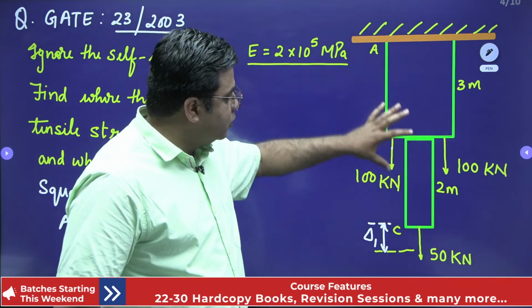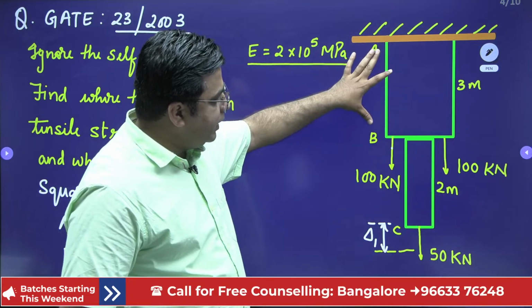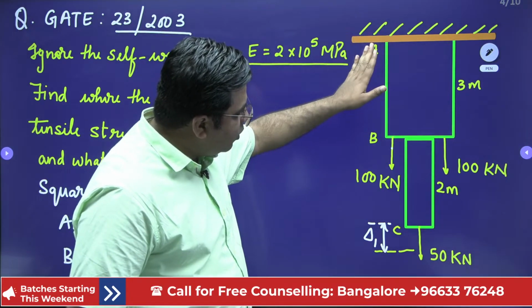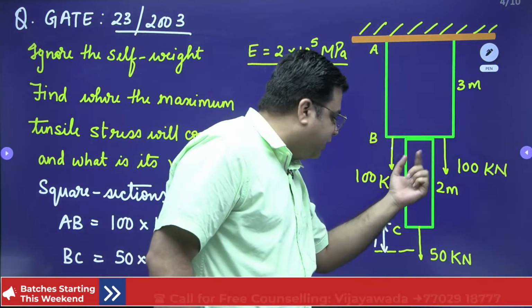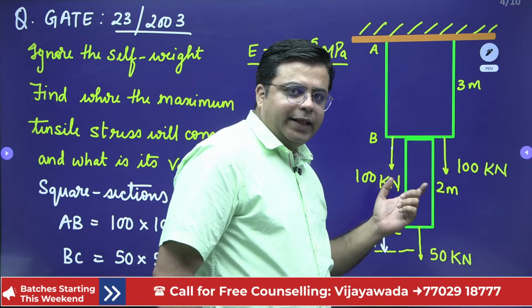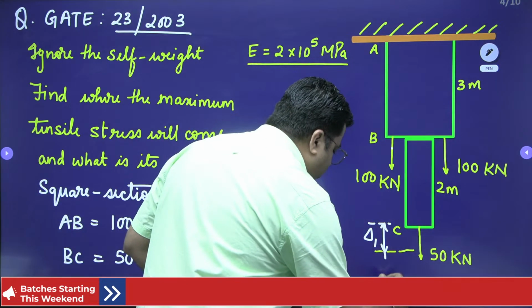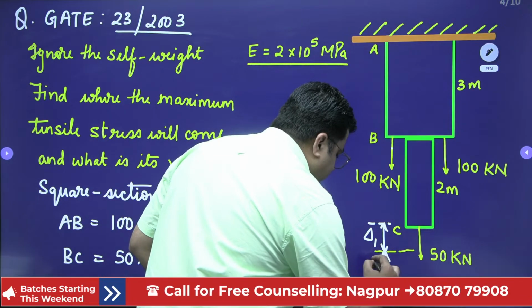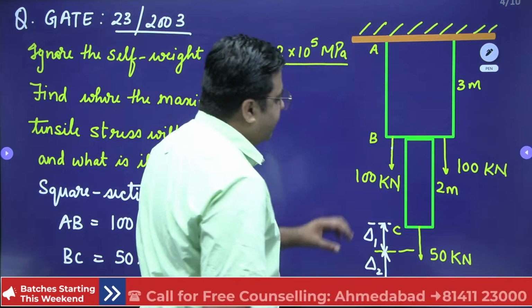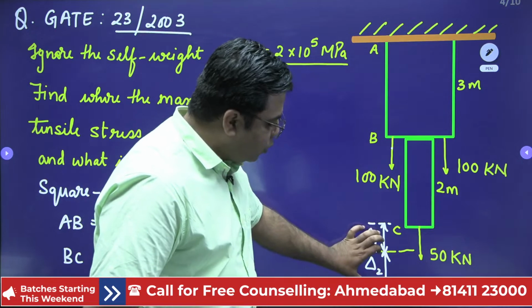But you also have this member AB, and this member AB will also undergo some deformation due to these loads, and that deformation will be equal to delta 2.